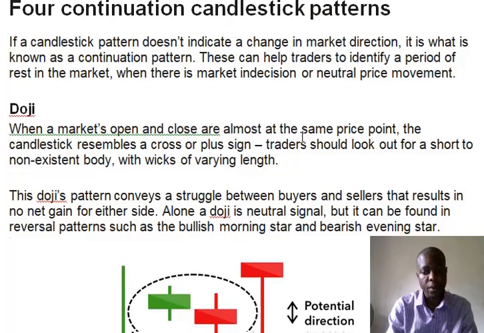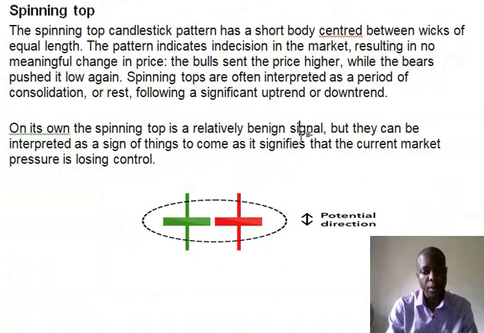So the next pattern now, we have the spinning top. The spinning top candle pattern has a short body centered between wicks of equal length, as you can see.